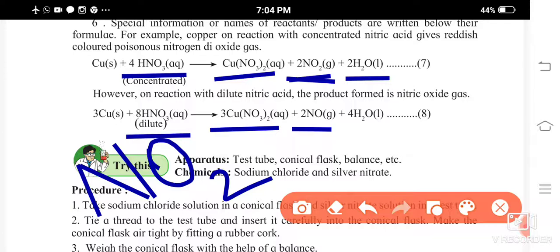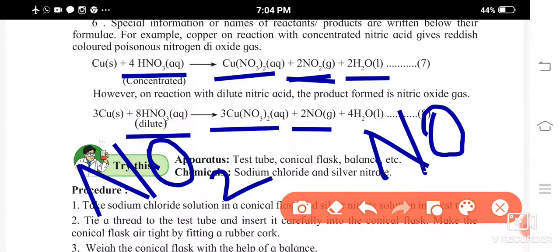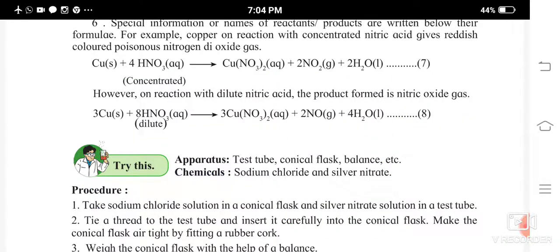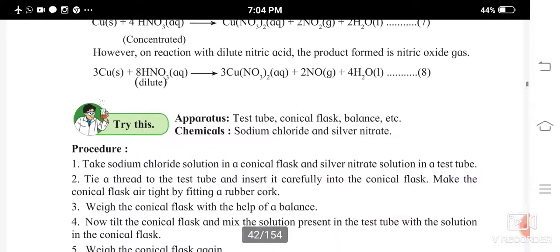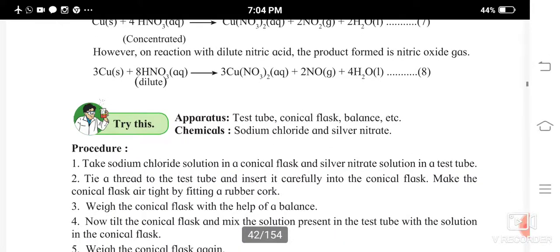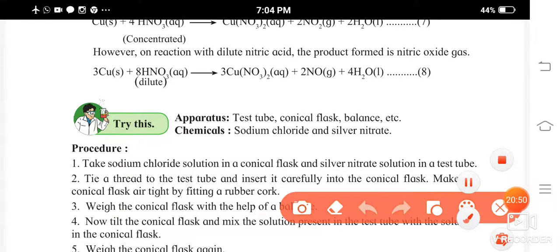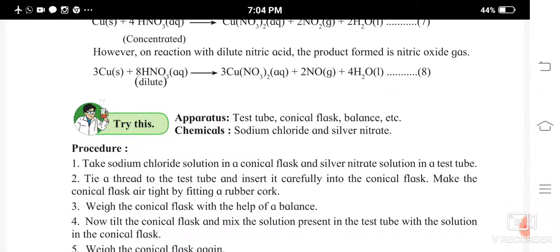But when copper reacts with dilute nitric acid, that time only nitric oxide is formed. And this nitric oxide is in the form of gas. You can see G written over there. That means it is in the gaseous form. And water, you can see it's in the liquid form.